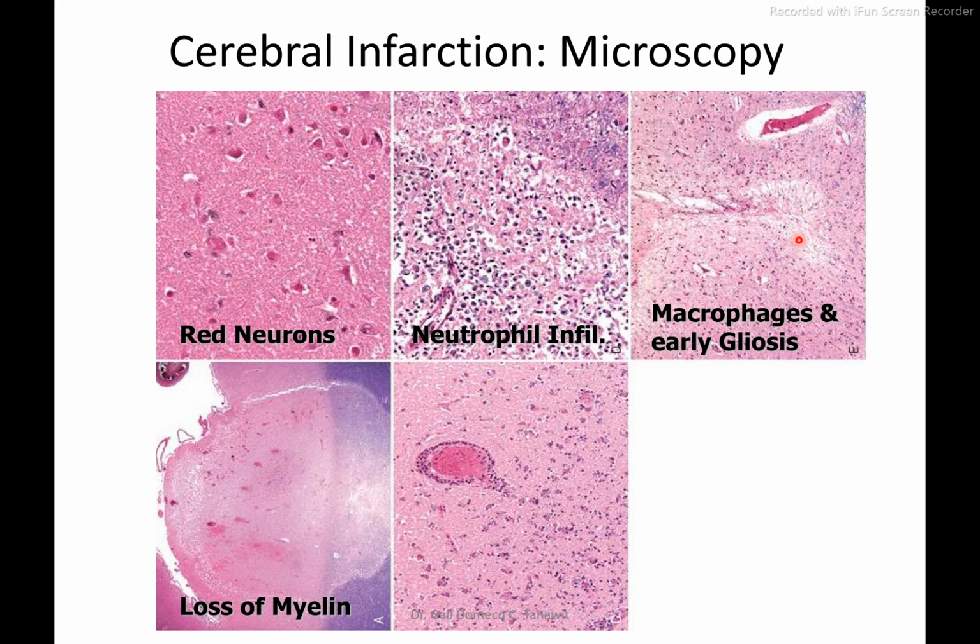And more than that, macrophages and early gliosis, loss of myelination. This is the low power of this. And later on, there would be cystic degeneration. So that's it for your neuropathology.